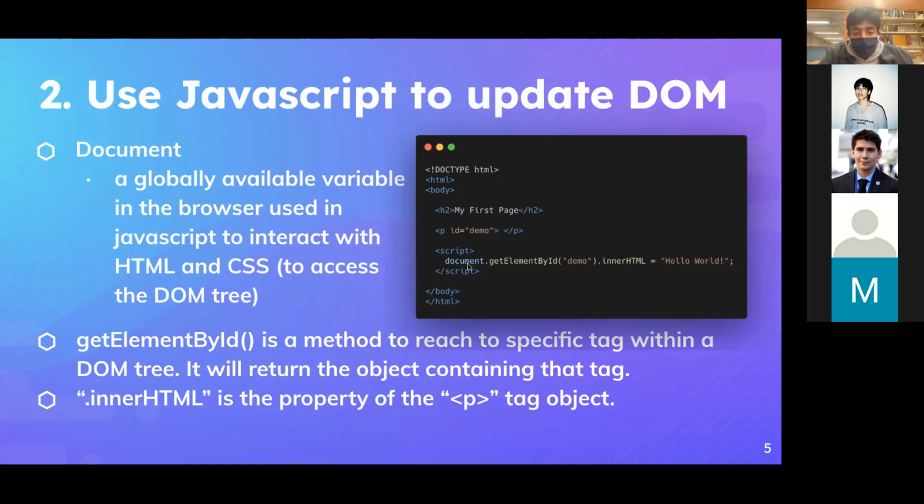Okay, so we have the document object. From the document, we run this function, getElementById. What's the ID? Demo. So we're grabbing this element with this ID.